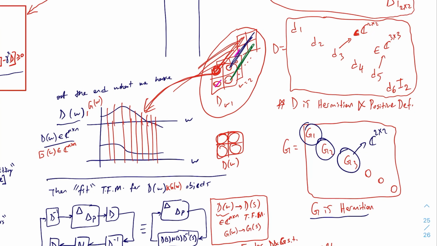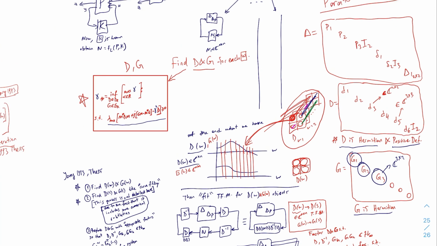So for example, G3 is a 2 by 2 Hermitian matrix, but D3 is again 2 by 2 complex. G is only Hermitian, but D is Hermitian and also positive definite.